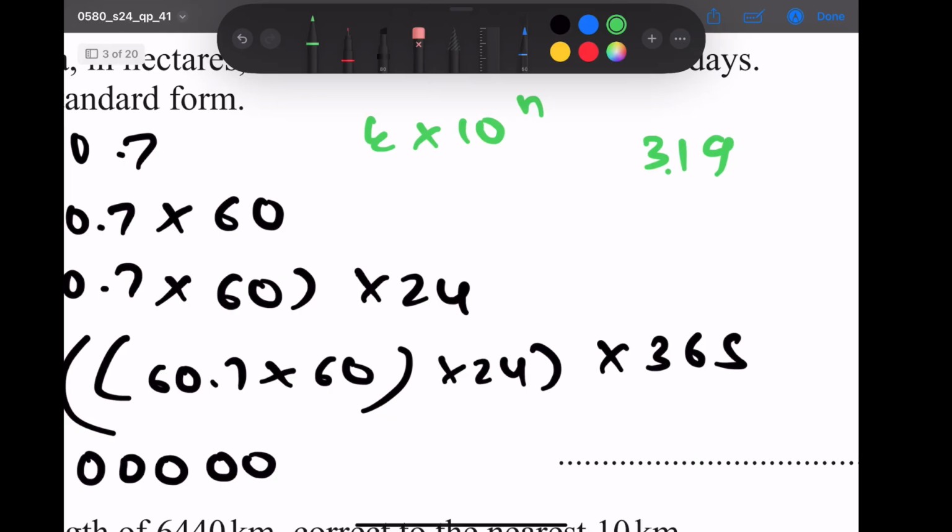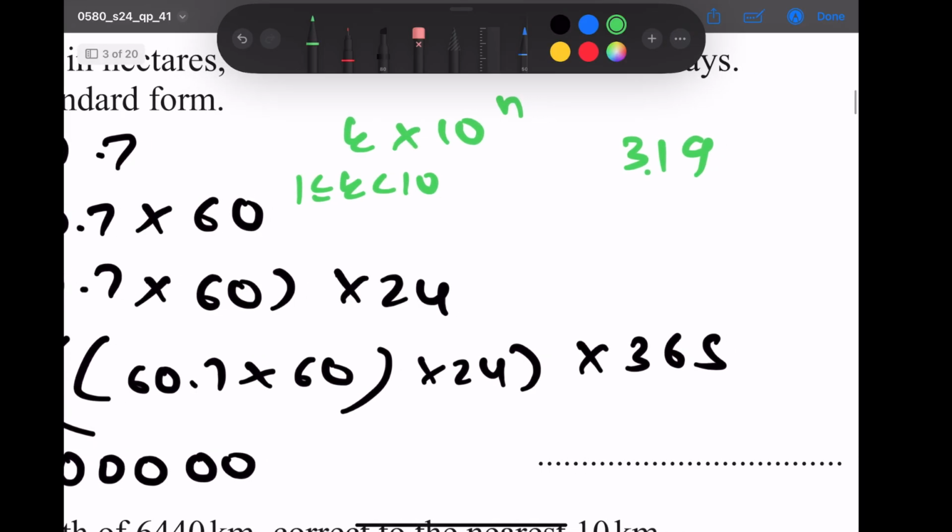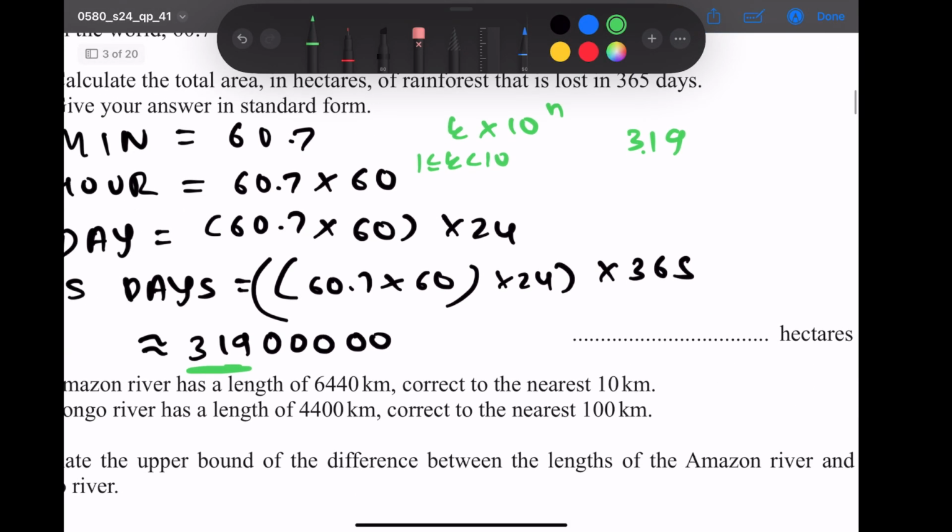Since 31.9 would not be equal to k, since k has to be within the inequality 1 is less than or equal to k, which is less than 10. Now 31.9 is bigger than 10, therefore it does not fit the inequality range of k. 3.19 does fit, therefore the standard form of this answer would be equal to 3.19 times 10 to the power of n.